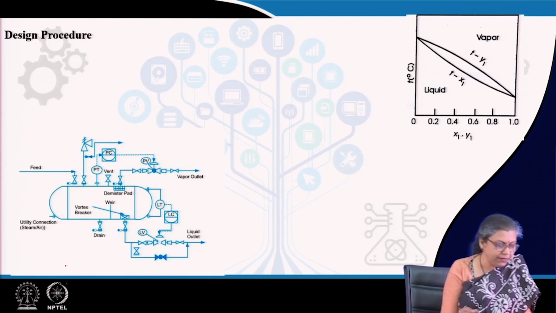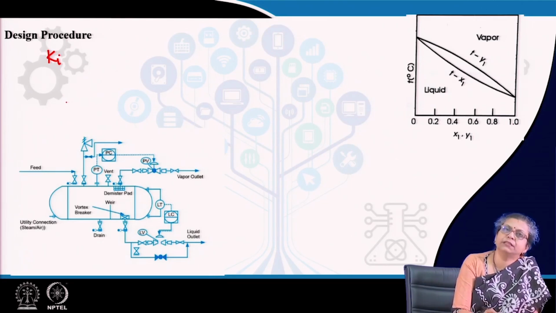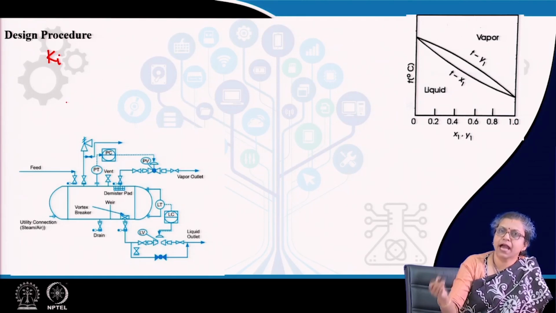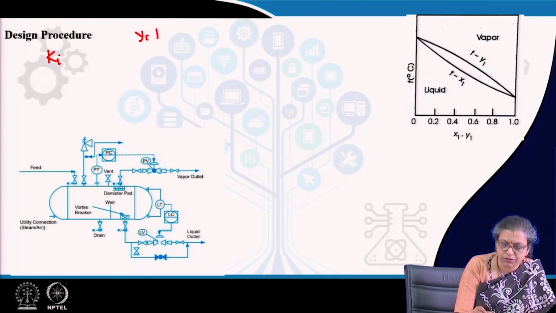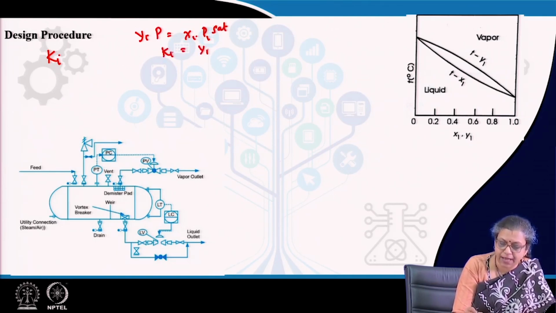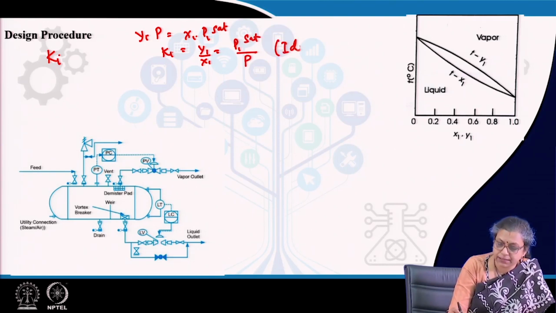Then from there, we can find out Ki. Suppose we are dealing with hydrocarbon distillation; in that case, we are usually dealing with adjacent members of the homologous series. For such cases, we can assume that the system is an ideal system. For an ideal system, you already know Raoult's law, which gives YI P equals XI PI saturated, as a result of which Ki is nothing but PI saturated by P. This is for an ideal system.